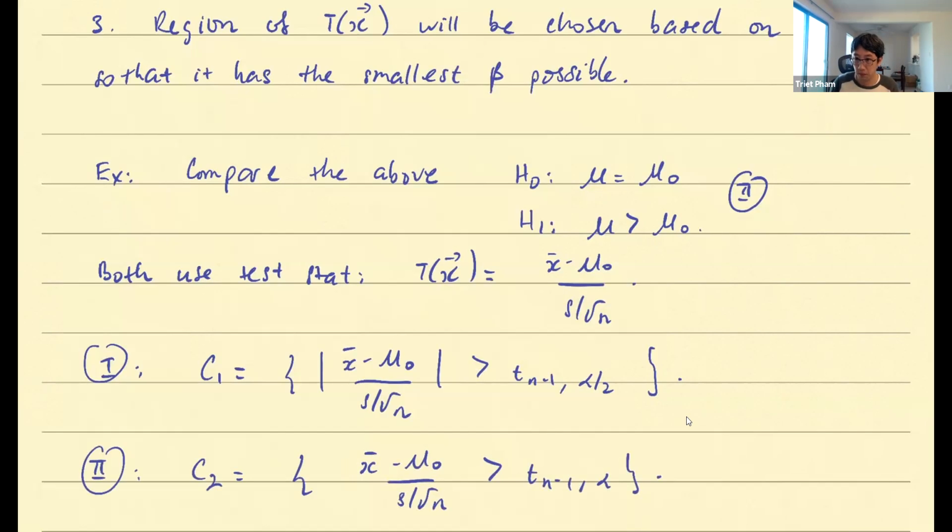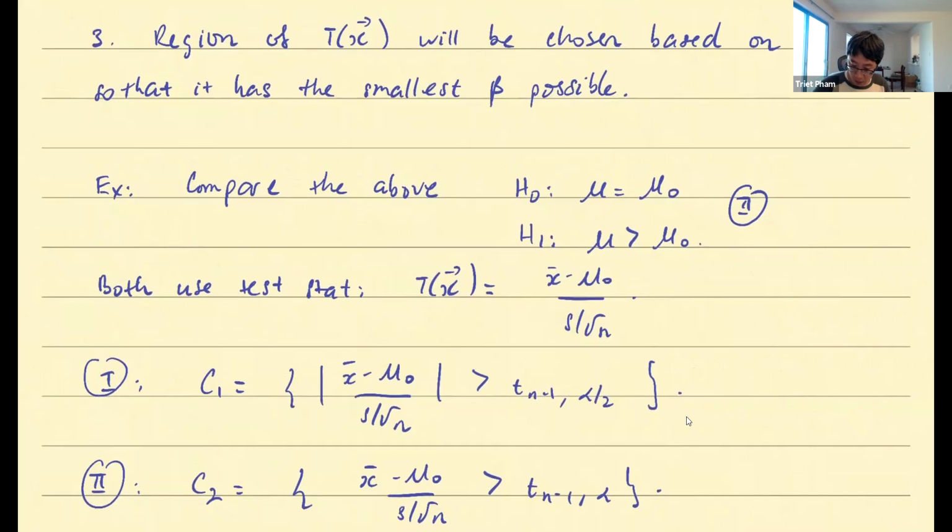So these are the appropriate rejection regions for each of the tests here. So far, these are my proposals. I'll discuss this a little bit. Any questions so far?